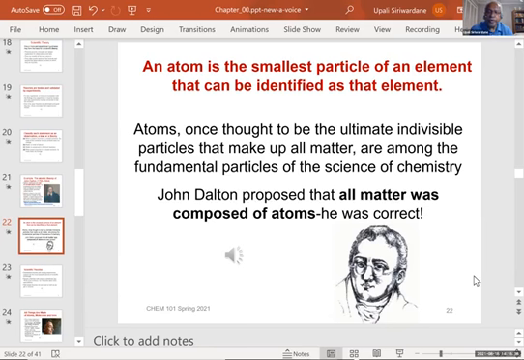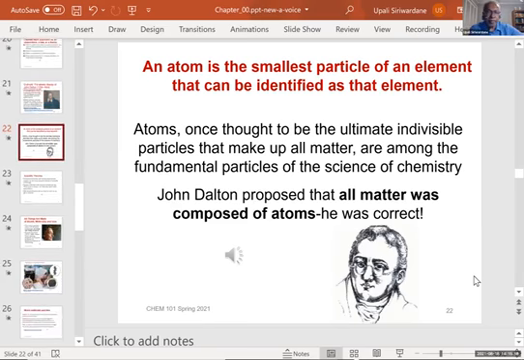Initially, Dalton came up with the idea that the atom is indivisible, but he was correct only with respect to all matter being composed of atoms. He said indivisible, the ultimate particle of atoms, different for different elements. That was wrong. An atom could be divided into neutrons, protons, and electrons.